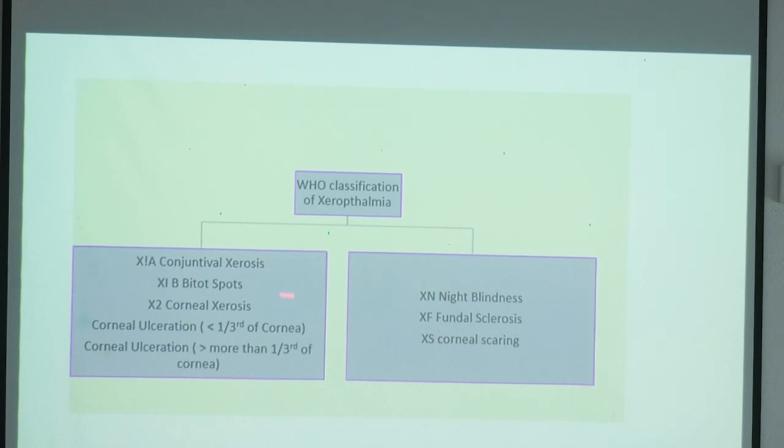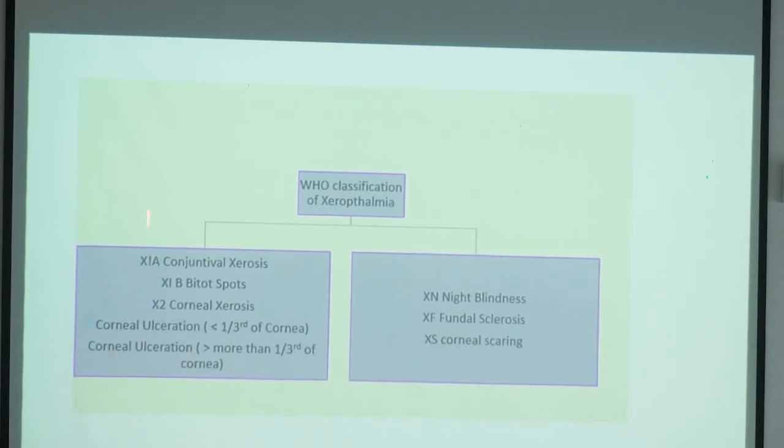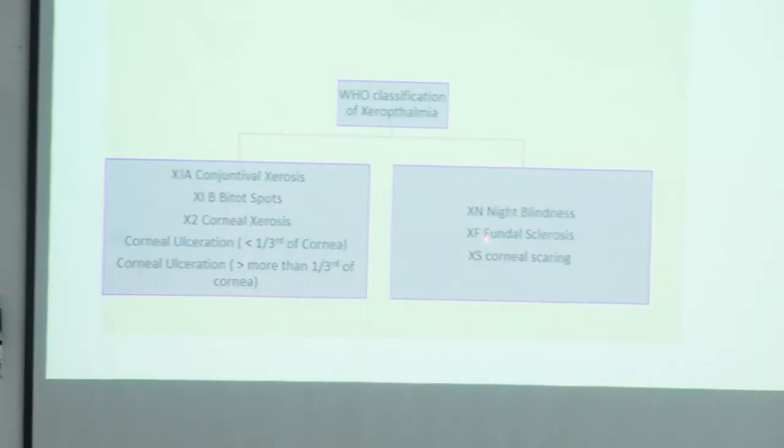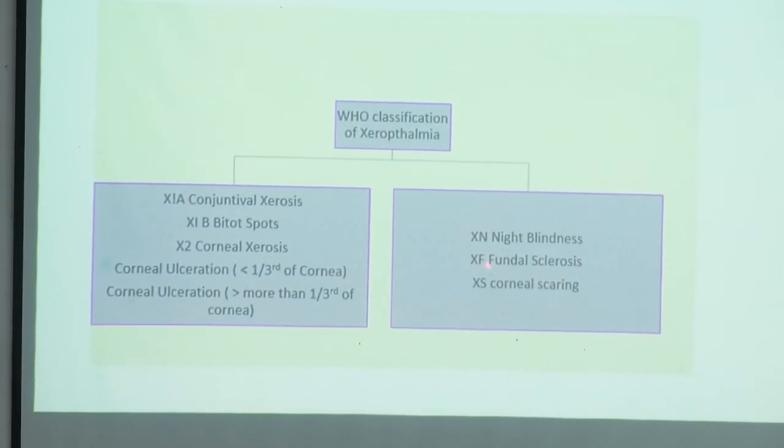Conjunctival xerosis, Bitot's spot, corneal xerosis, and then corneal ulceration, involving less than 1/3, or more than 1/3 and less than 2/3, or more than 2/3. And ultimately, what will happen? There will be corneal keratomalacia, corneal softening due to ulceration. Secondary changes are night blindness, fundal changes, and corneal scars.